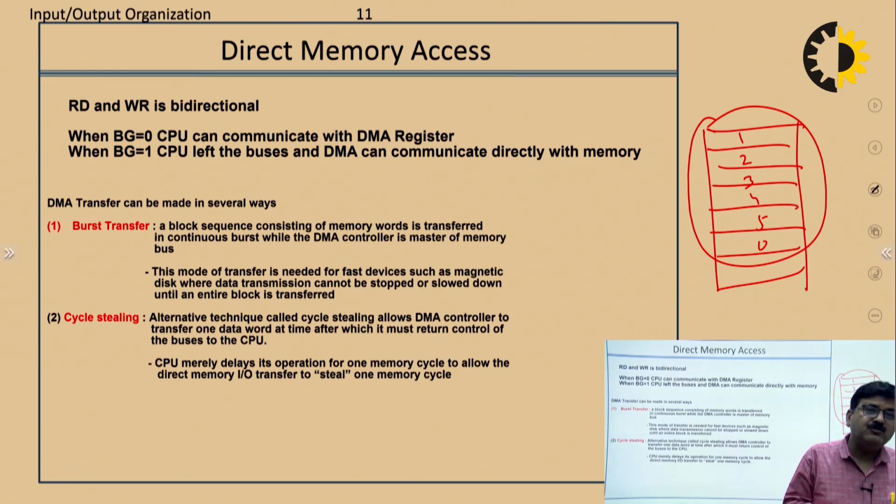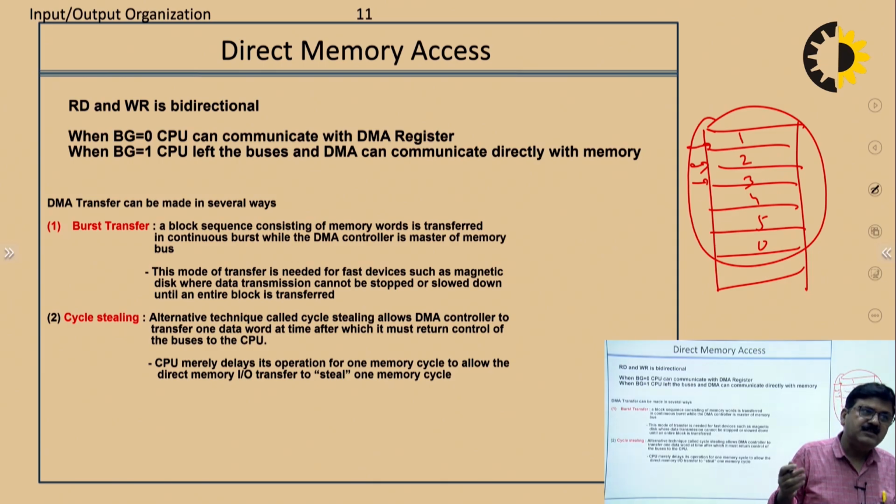If we transfer word by word, first we transfer this, then this, then this, it means we are transferring the data word by word. So this is called cycle stealing.